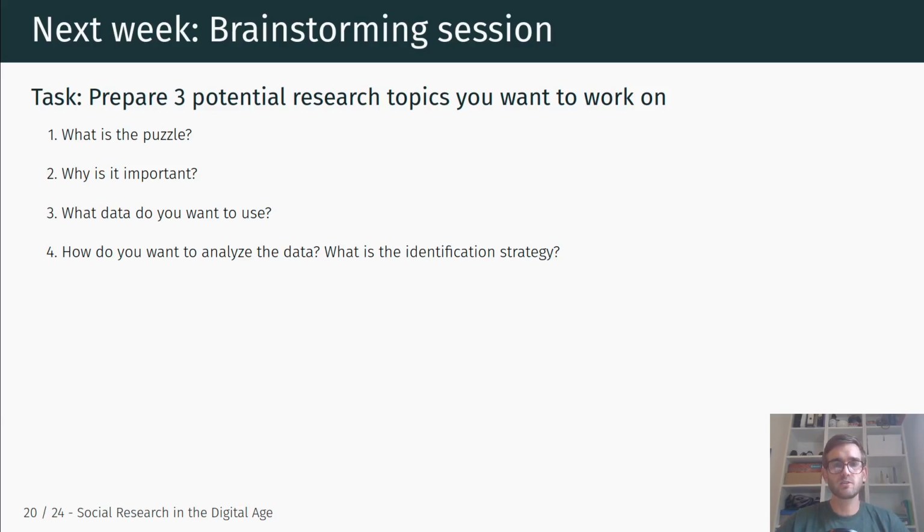But I want you to start thinking about that relatively broadly, and then we'll start discussing them, and then you'll have something that gets you started to think about when it comes to putting together the proposal later in the semester. Let me know if you have any questions, and I'm looking forward to hearing what everyone has in mind.